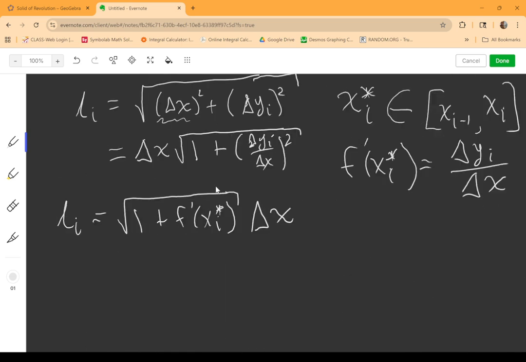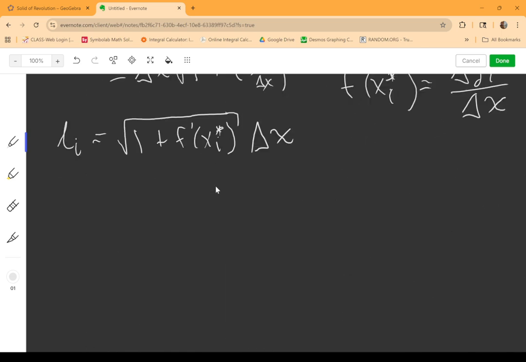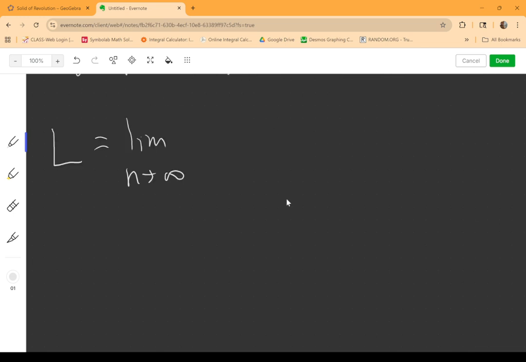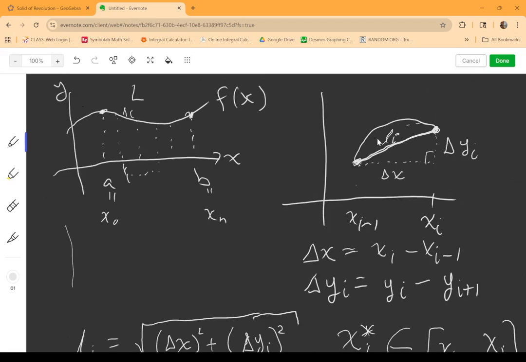To find L, and sorry, this is approximate here, I can set up the limit as n goes to infinity, because right now there's error in my approximation.